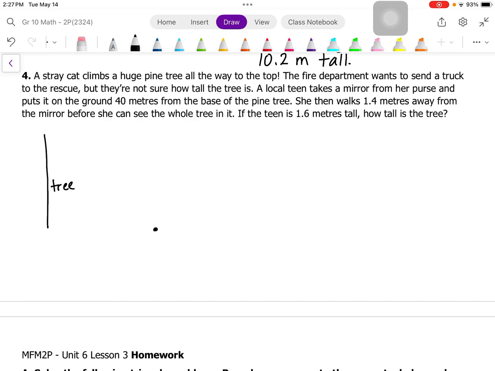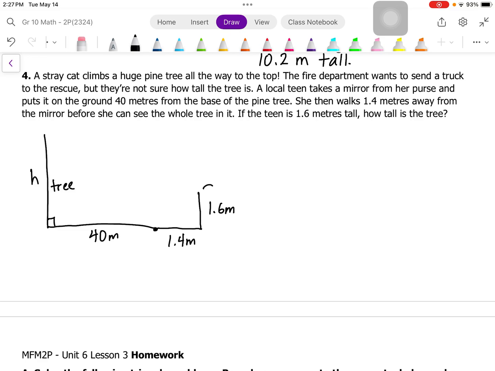So there's our mirror. It's 40 meters away from the tree. So we've got a right angle here, and we want to know the height of the tree. And then that teen walks 1.4 meters away, and she can see the whole tree in the mirror, and she is 1.6 meters tall.